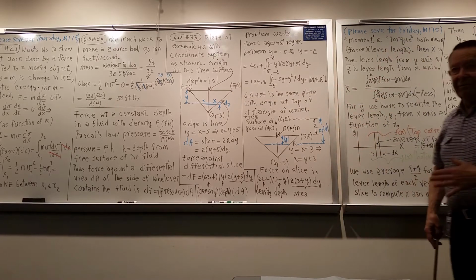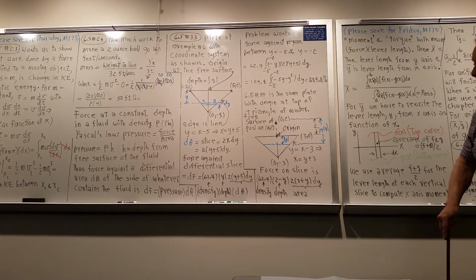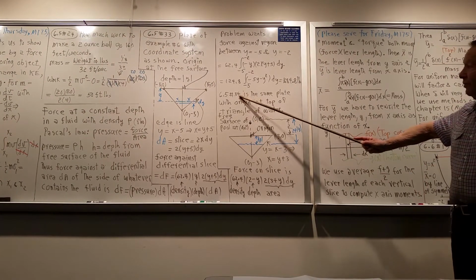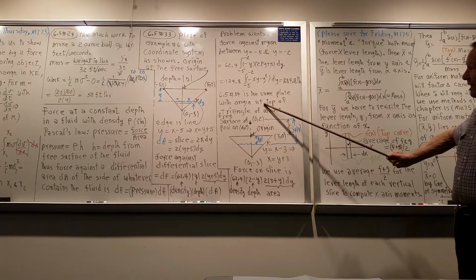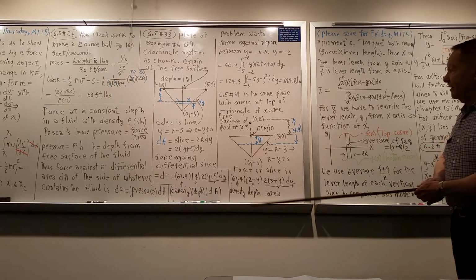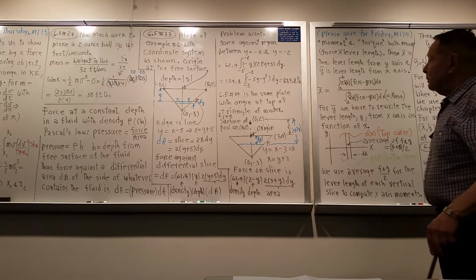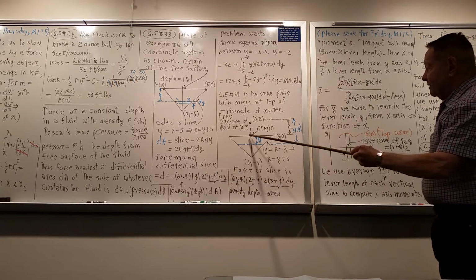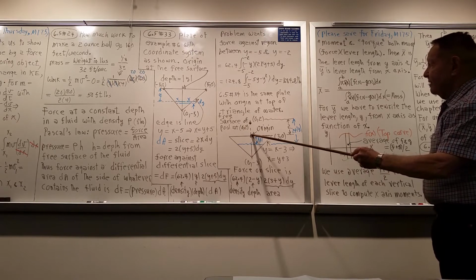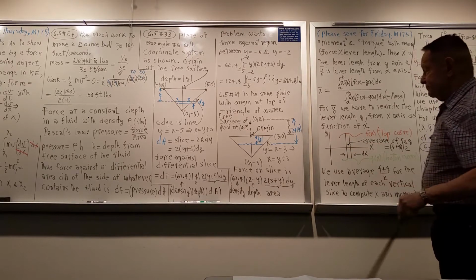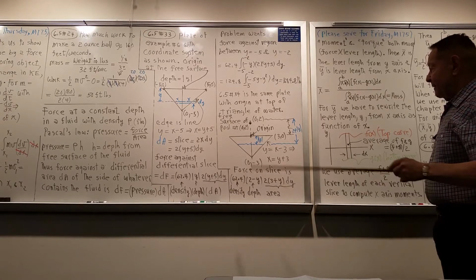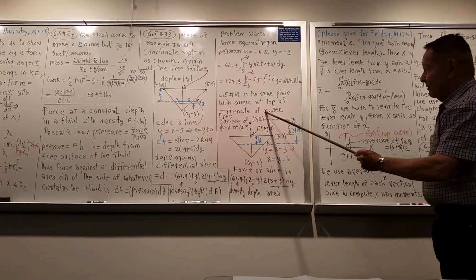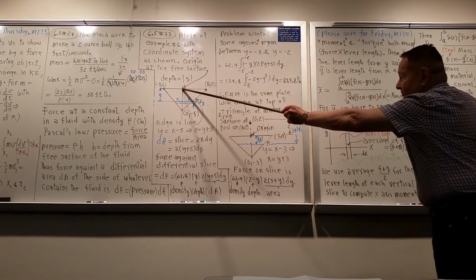In the example in the book, they took the origin in a different way. And then problem 34 is the same plate again, but it has the origin at the top of the triangle of water rather than up here at the free surface.